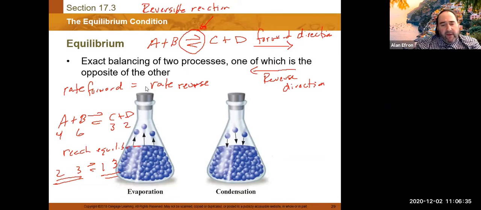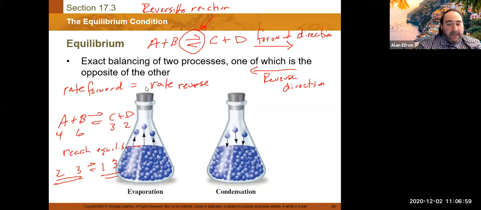So one very big misconception students sometimes have about equilibrium is thinking, hey, I got 5 on this side, I should have 5 on this side. It's at equilibrium. Again, that's not really what it means. It's really talking about how fast it's going in one direction being just as fast as it's going in the opposite direction.